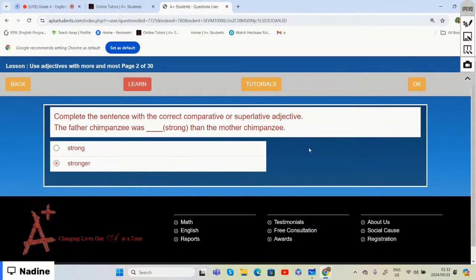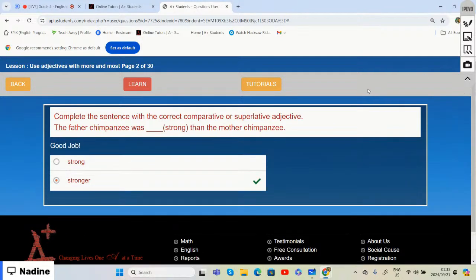Stronger than the mother chimpanzee. So option two is correct. Well done.